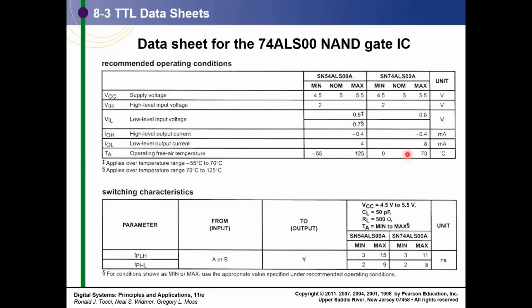But this one only works from 0 to 70 degrees, a commercial IC. So I cannot make a circuit using this 7.4 series IC for a temperature below 0 and above 70, and therefore you see only one value of VIL.